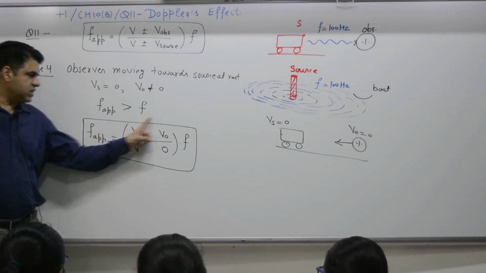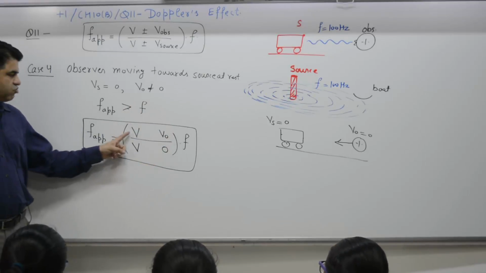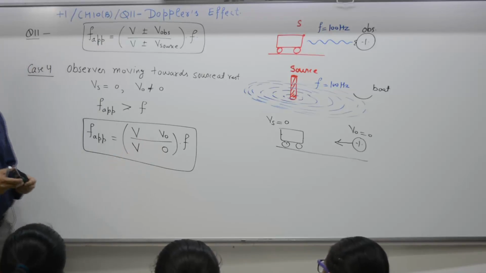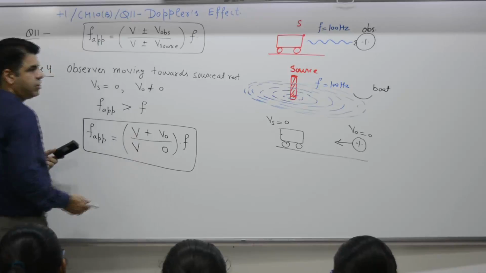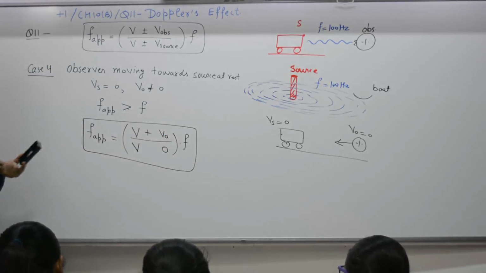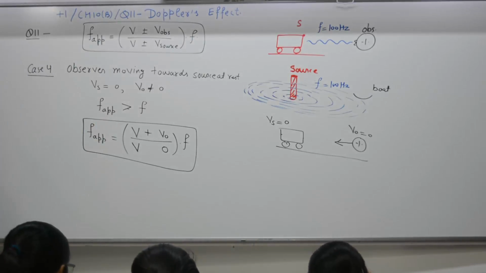You want to make this factor more than 1. This is 300, this is 30, this is 300. So sign is what? Plus. 300 plus 30, 330 divided by 300, this factor is greater than 1. So F apparent is more than F. 2 minutes to write.